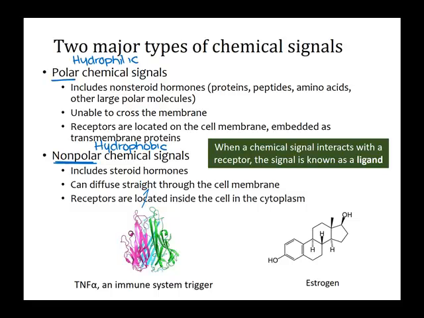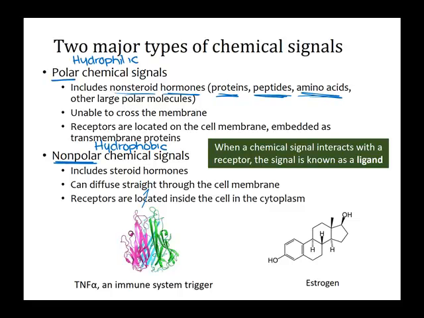So polar chemical signals include any hormone that's a non-steroid. Most of these hormones will be derived from proteins. They'll either be fully folded proteins themselves, or short proteins, usually of 10 or so amino acids, which are called peptides. They can even be single amino acids.